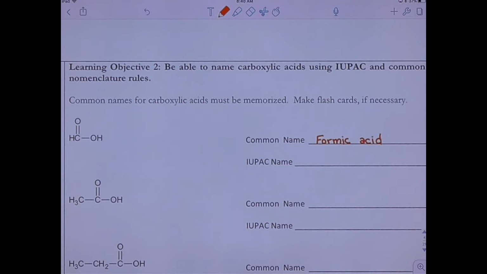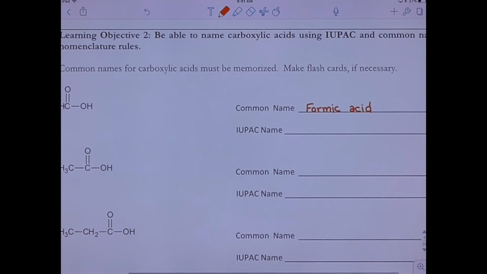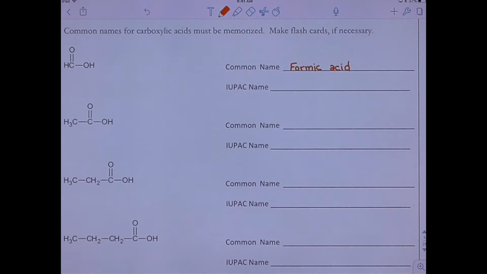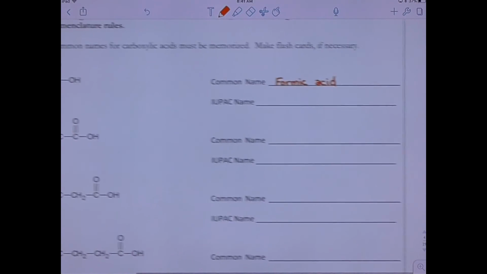And some of these get their name from really weird associations. Like I think formic acid was originally discovered in ants, and ants have a genus or species name that has something with form or whatever. Anyway, it looks like these don't have any reason for being, but they do. All right. The common name for the next one is acetic acid.